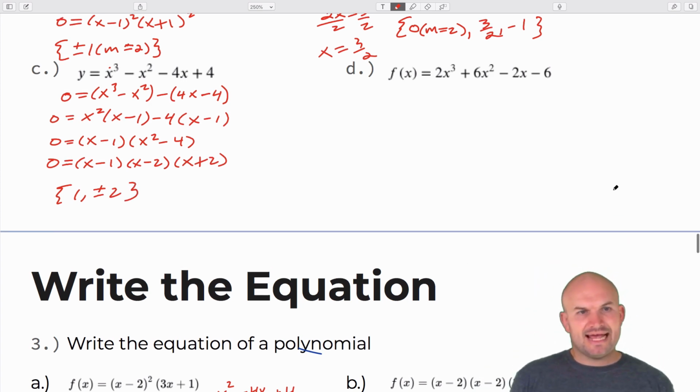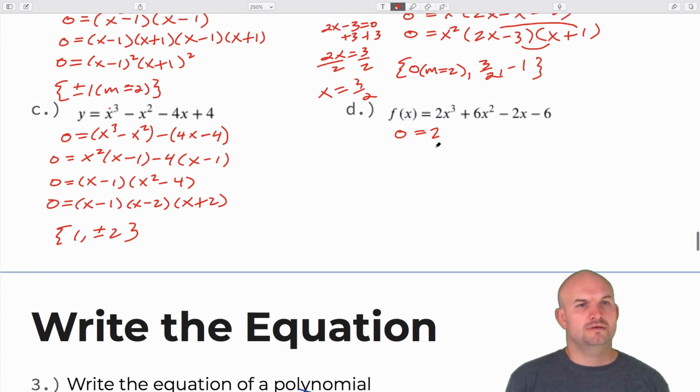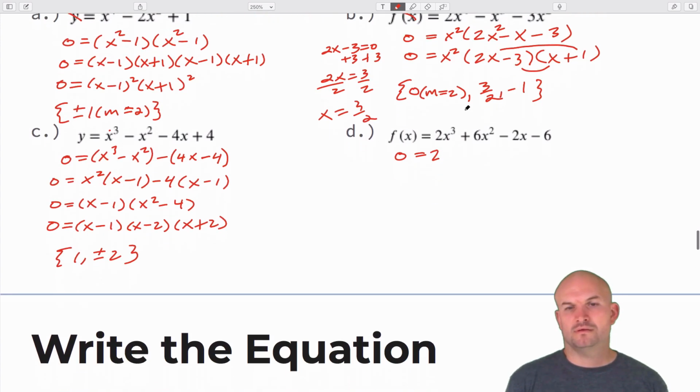All right, and then into our last example here. Again, doing the same thing, I'll go ahead and set this equal to 0: 2x cubed plus 6x squared.